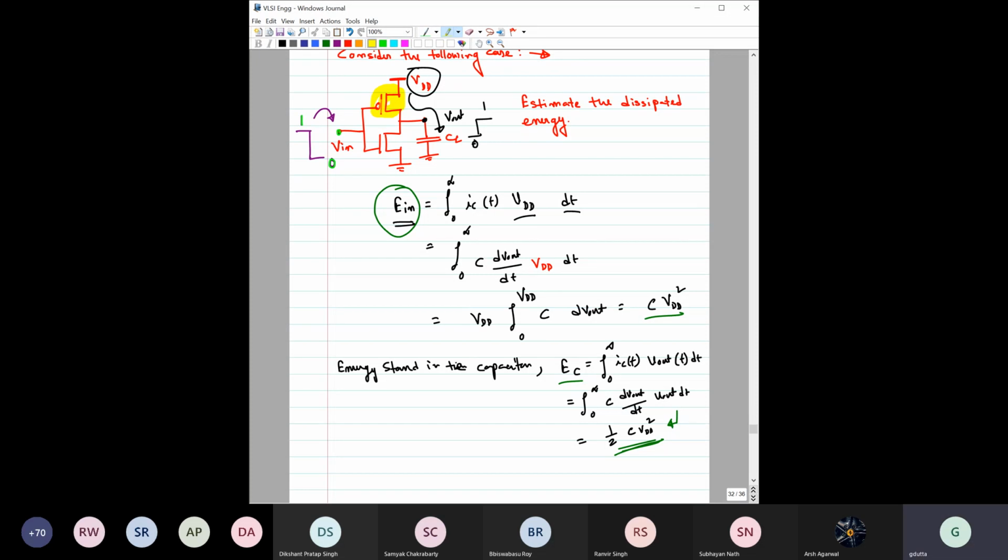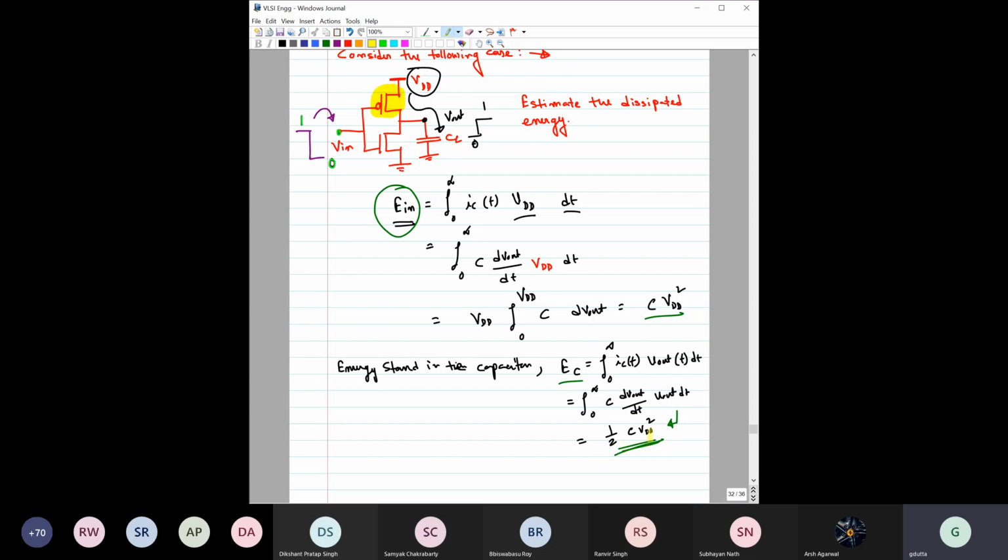So is this part clear to you? During charging, half C VDD square, this amount of energy has been lost, means across heat, like I said, heat dissipation across this PMOS, right? Now this is one charging cycle. Now when it will discharge, what will happen?